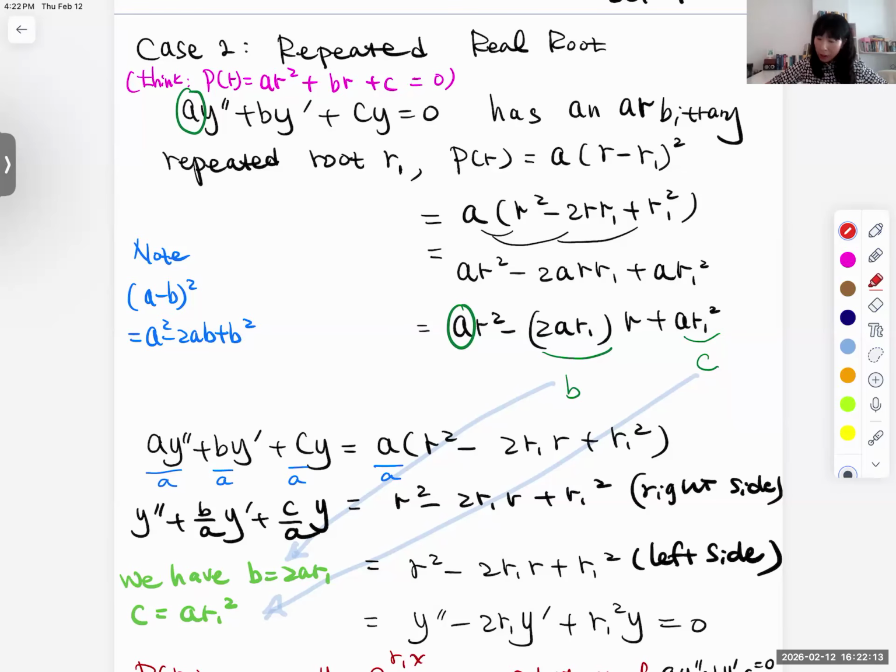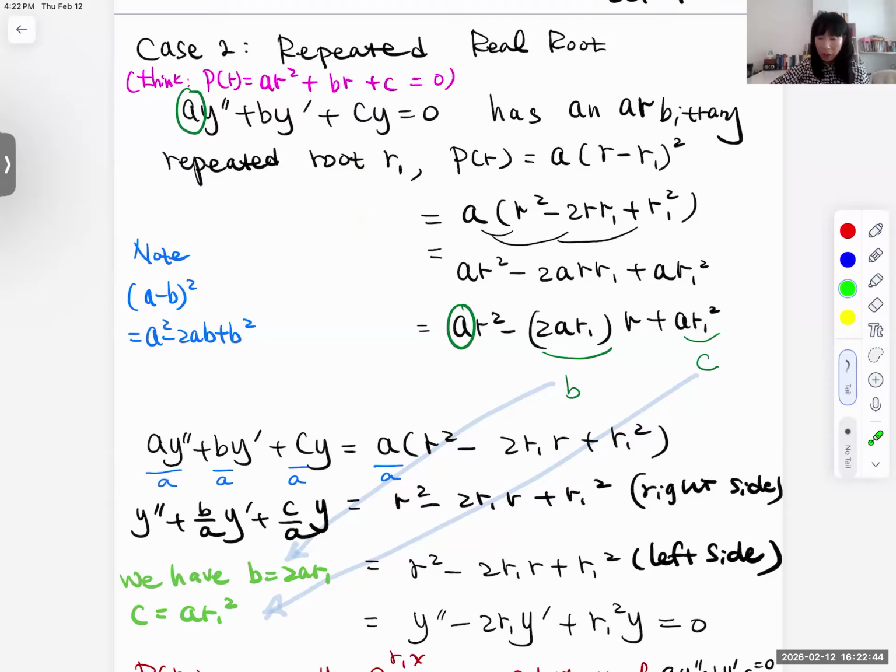Okay, so we have a y second prime plus b y prime plus c y equal to 0 with a repeated root. In that case, we are using r sub 1 instead of r, because we want to distinguish r and r sub 1. r sub 1 is a repeated root.